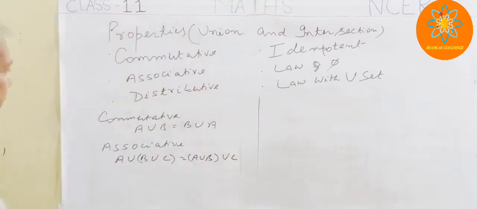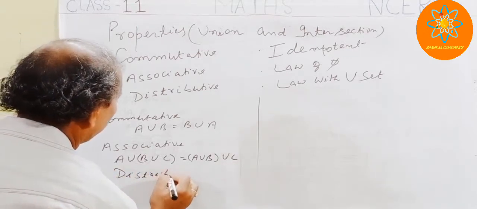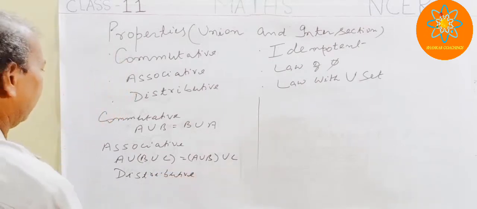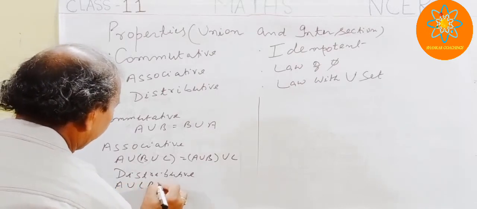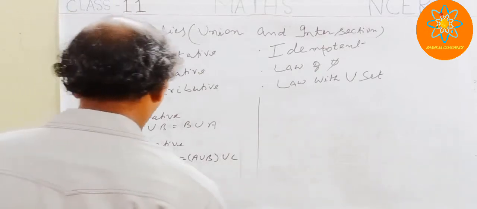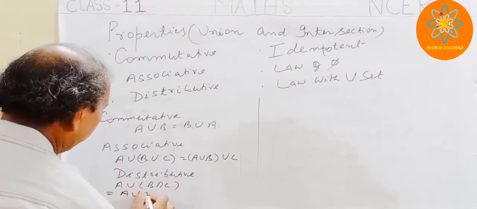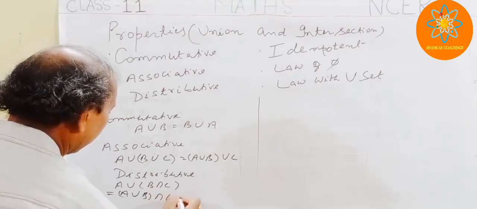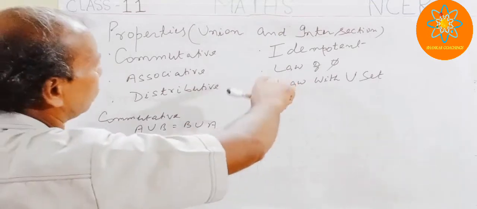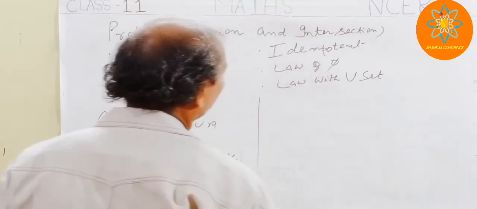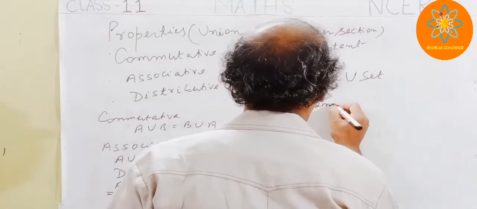Now come to the distributive property. Suppose three sets are given, A union, B intersection C. For the distributive property, this is equal to A union B, intersection, A union C. Now come to the next one, idempotent.